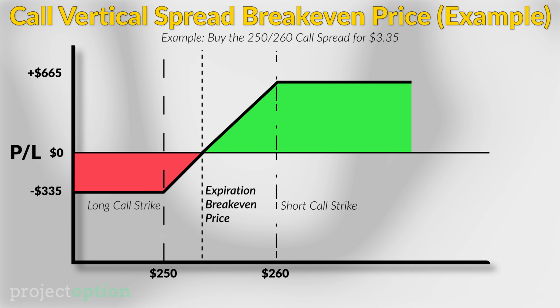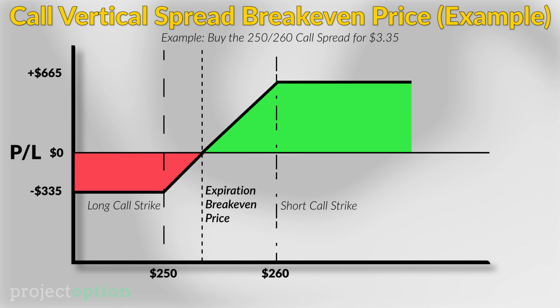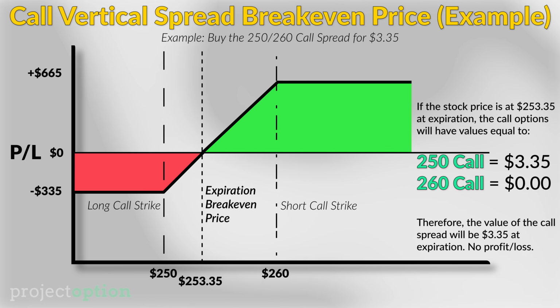And remember the question that I said to ask yourself earlier, which is, at what stock price will this position have intrinsic value equal to my entry price? And in this case, the entry price is $3.35. So at what price will this 250-260 call spread have intrinsic value equal to $3.35? The answer is $253.35.